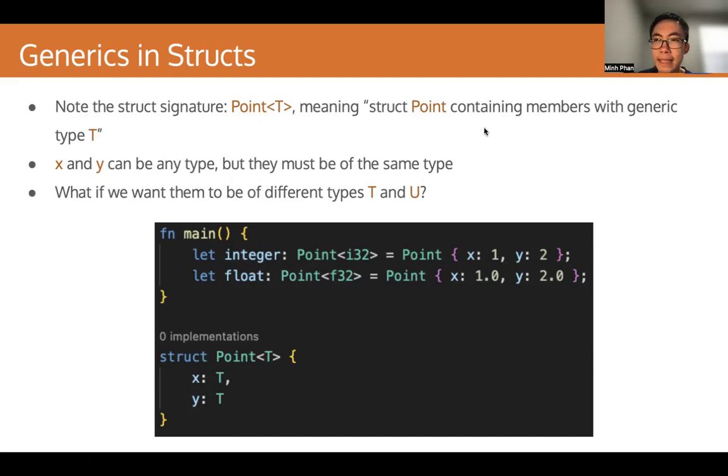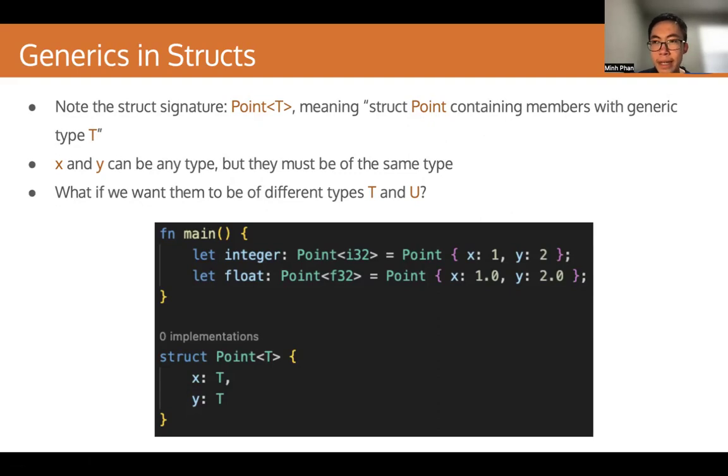What it means is that this struct Point contains members with generic type T. So here you can see that both the members x and y have the type T. So when you have an instance of the struct Point, x and y can be of any type, but they must be of the same type.